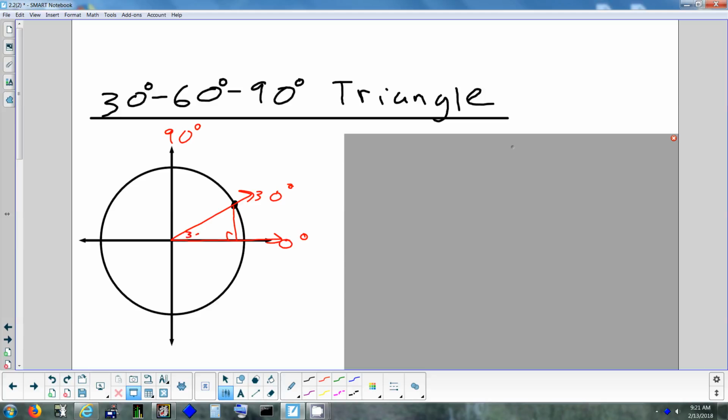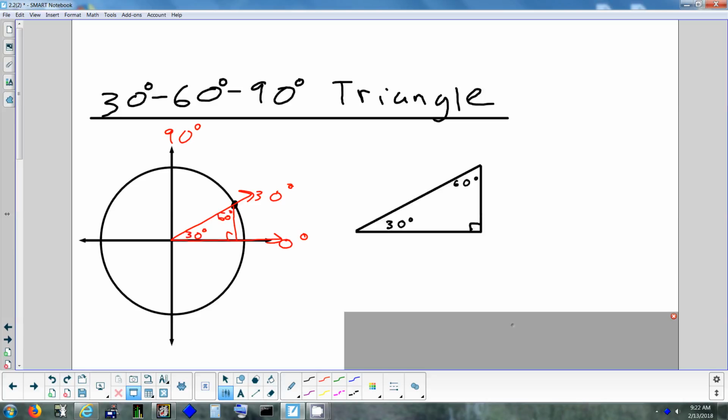This angle at the bottom is going to be a 30, and then this angle at the top has to be a 60, and I think it was Jamaica or somebody said it earlier, it's because all the angles have to add to 180. So what we're working with this time is a 30, 60, 90 right triangle. I've drawn the same thing over there a little bit bigger, just so I have some room to write some stuff in.